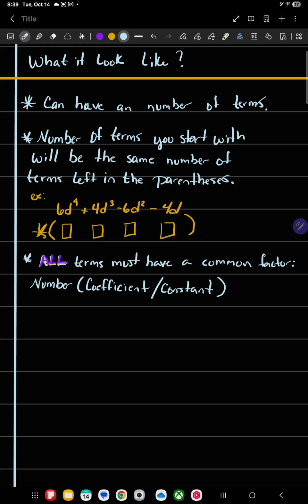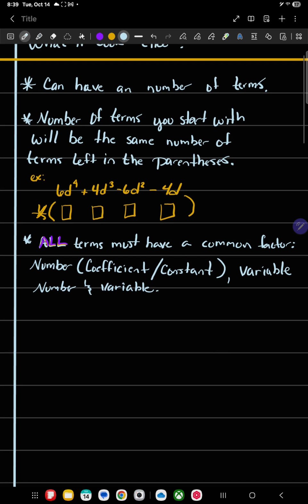So they have to be common in number, or they can be common in variable. Now, they also could be common in both number and variable.